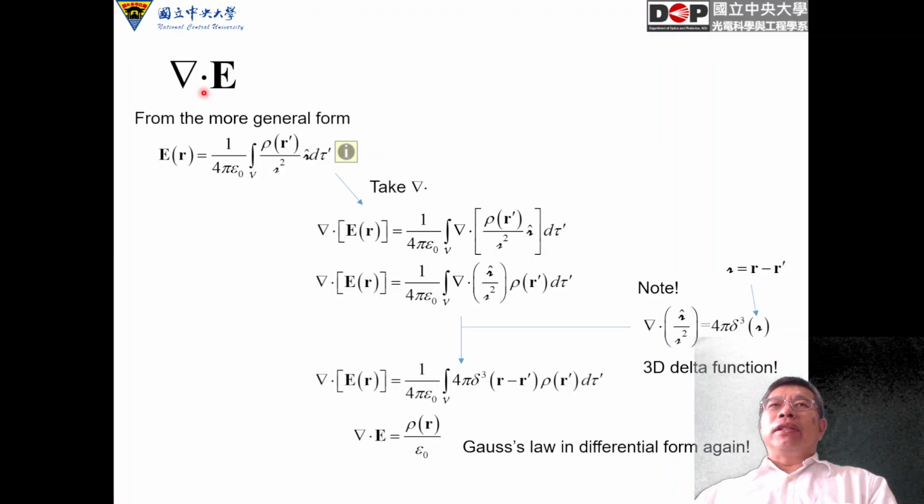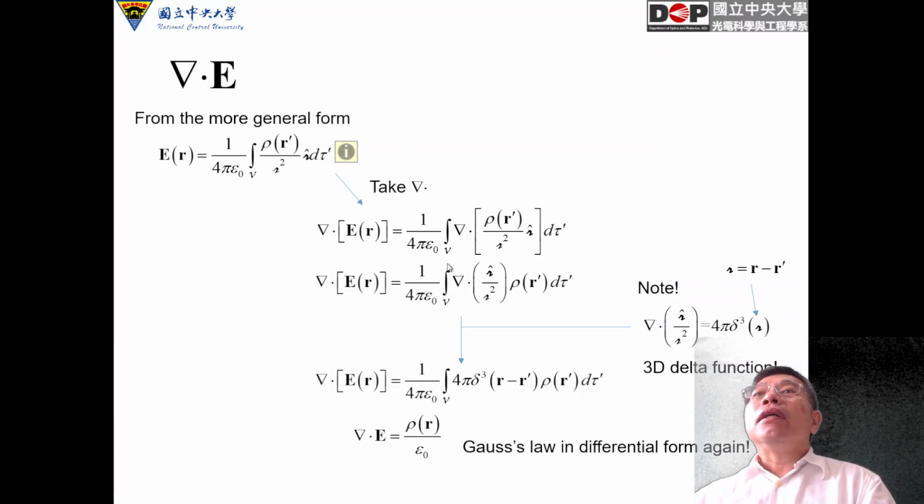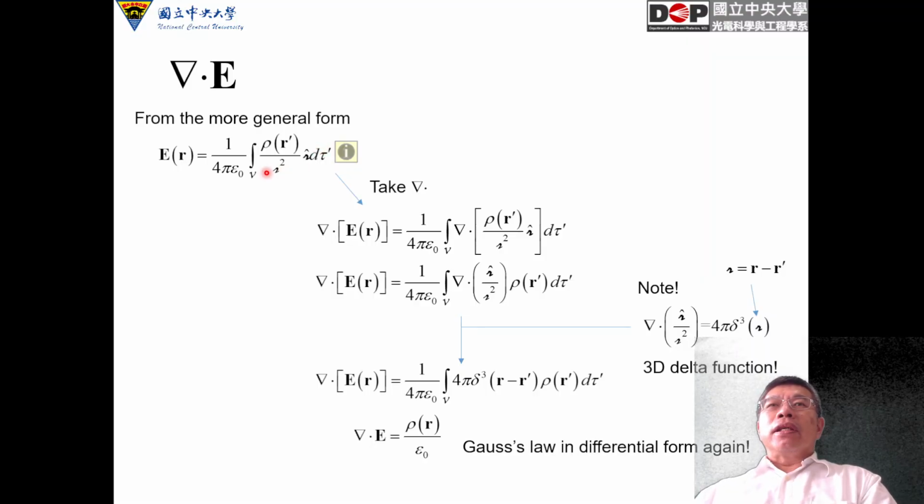Now, since we have the divergence of E, we can put Coulomb's law into the exam. From the more general form, Coulomb's law, as we had earlier, is the integration of the charge density through the space.